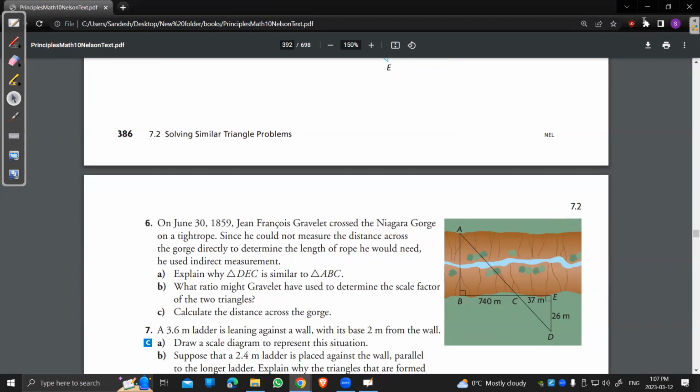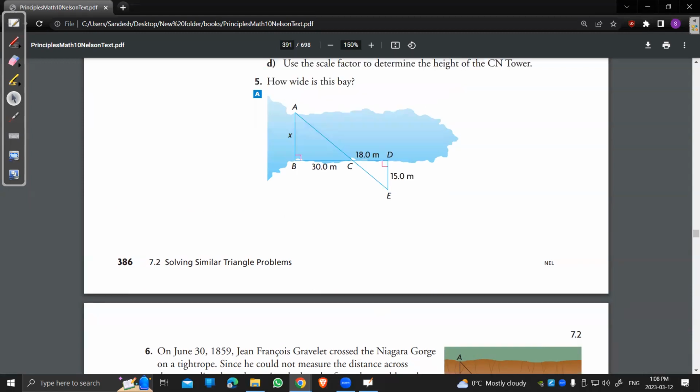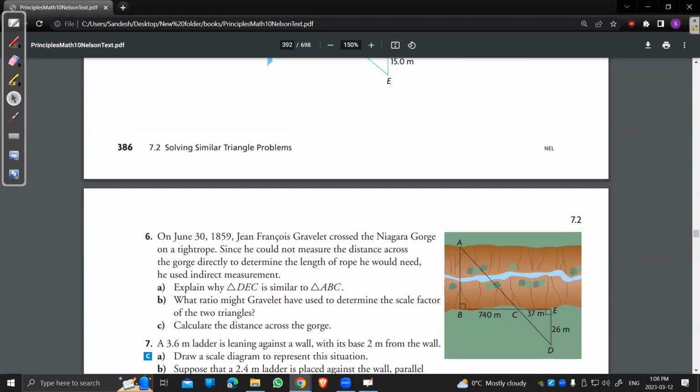What is that? Quick maths. 74 is 37 times 2, so this is 20. Therefore, AB, the distance across, is going to be 26 times 20, 520. The exact same question as question 5, word for word.